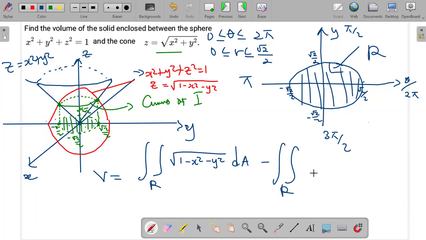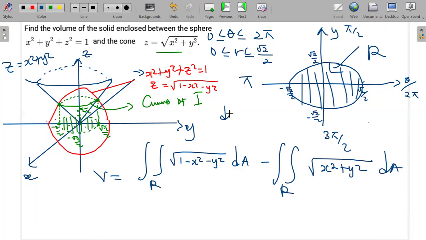The lower surface is just the square root of x squared plus y squared dA. Since we are changing to polar coordinates, my dA will turn into the Jacobian times dr d theta, so r dr d theta.